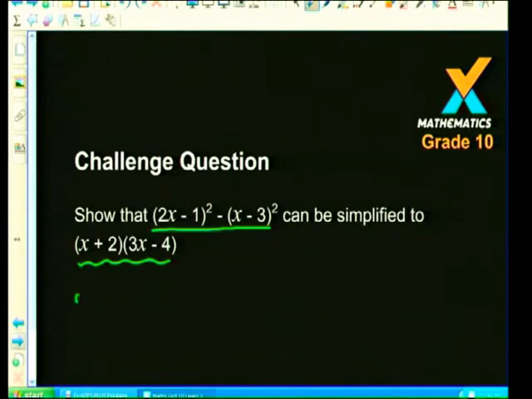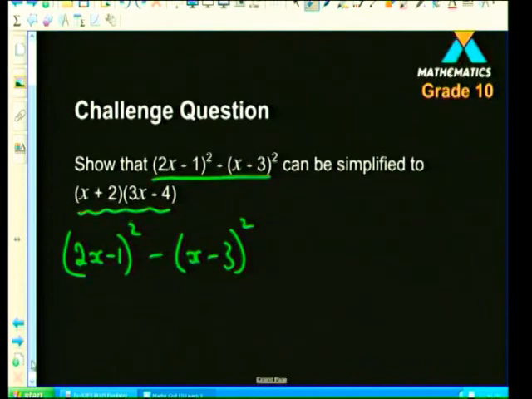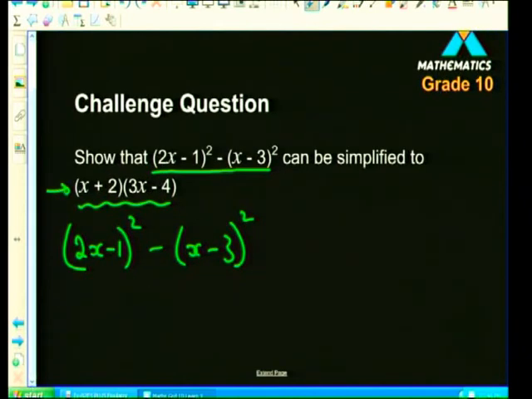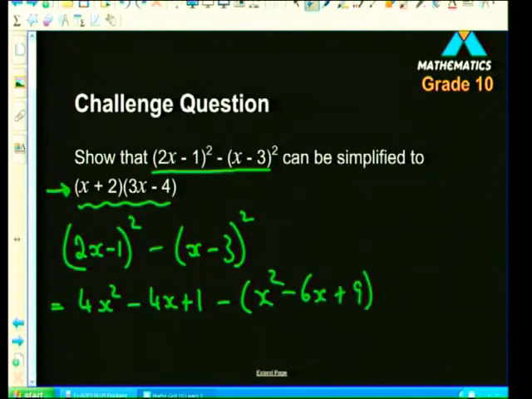So what I'm going to do is start off with this little number over here, and I'm going to multiply it out and then refactorize it to get that. Well, starting with this, first squared, first times second times 2, second squared. First squared, first times second times 2, second squared.